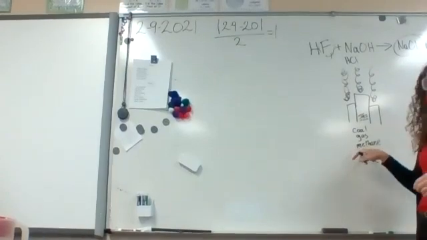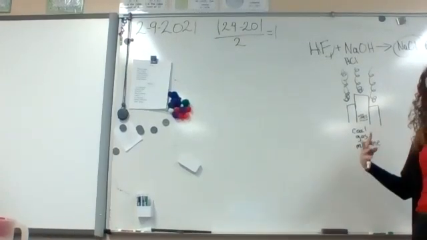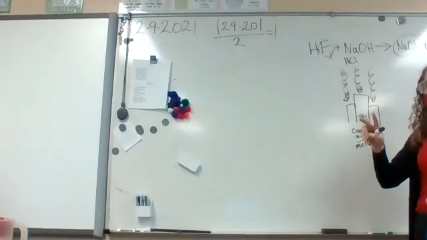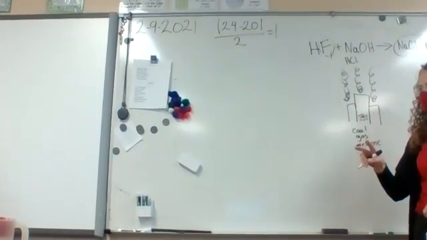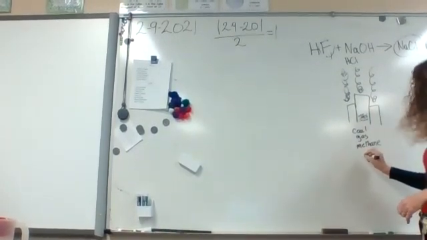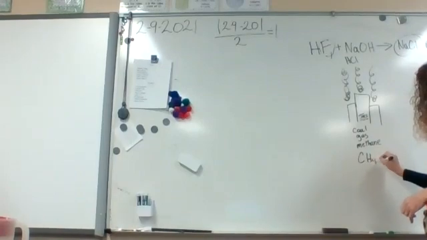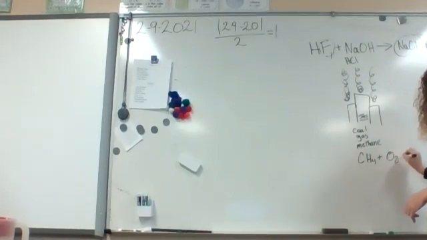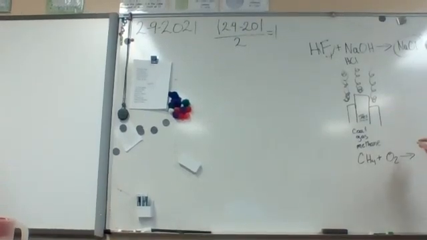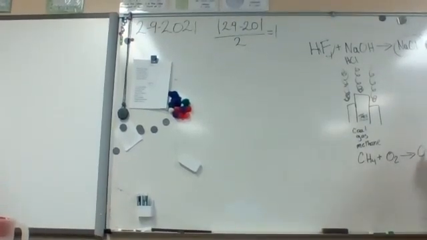So what does the combustion of hydrocarbons produce? It produces two things. Burning methane: so it's CH4 plus O2, and what do we get out the other end? CO2 and water, H2O.